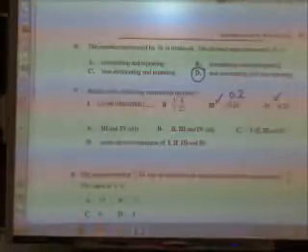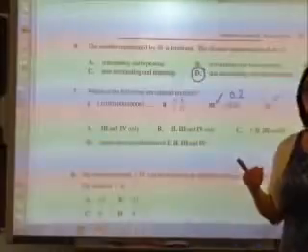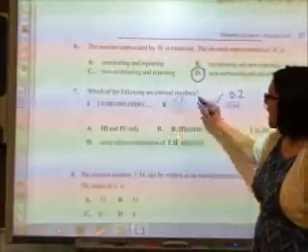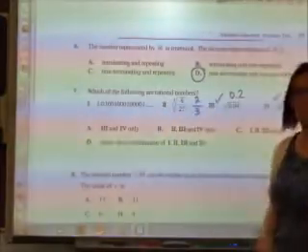It's a terminating decimal. For this one, I've got the cubed root of 8 over 27. I can split this up. The cubed root of 8 is 2. The cubed root of 27 is 3. That makes it a rational number.